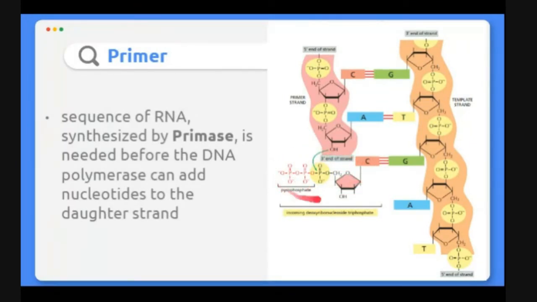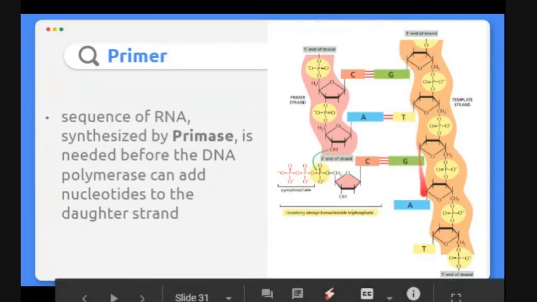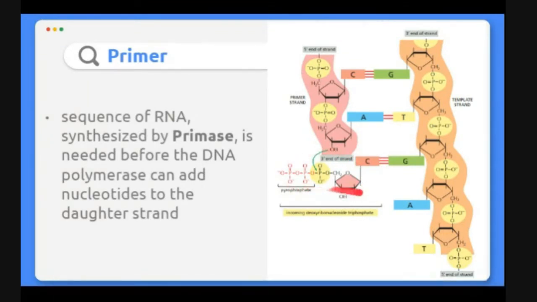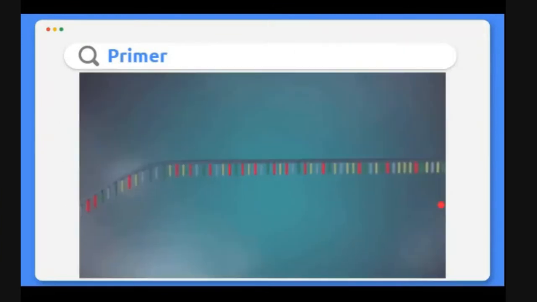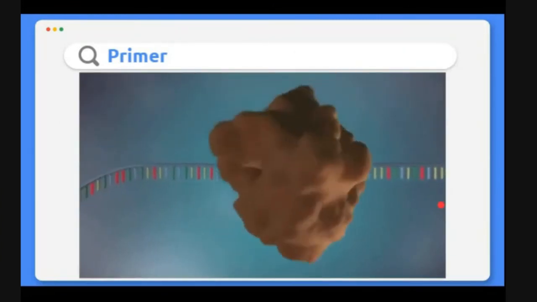Gets nyo na yung structure ng DNA, so para di kayo malito kapag may mga ganitong structures. And ito yung deoxynucleoside triphosphate, i-discuss ko mamaya. Yan yung primer.